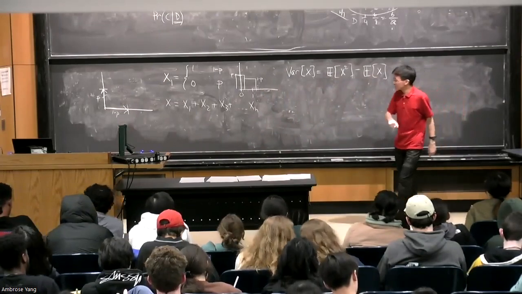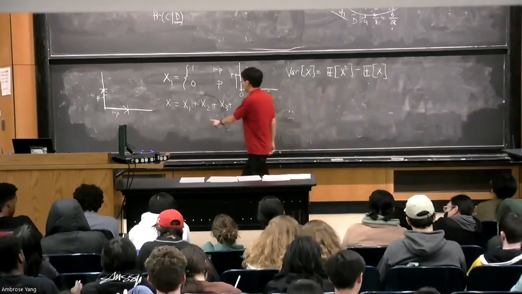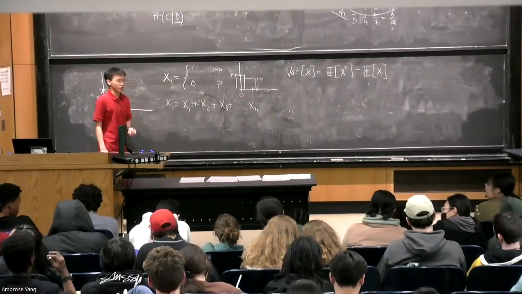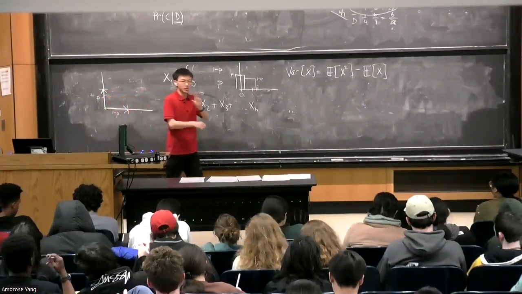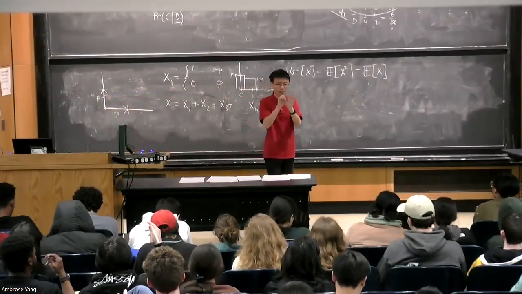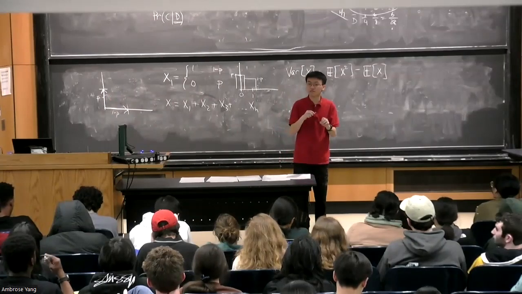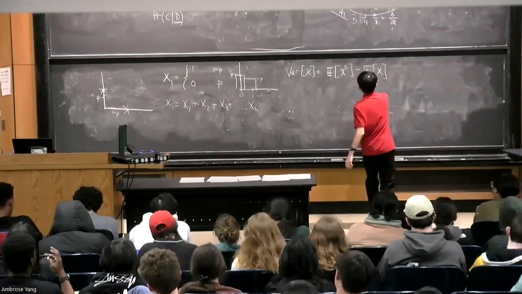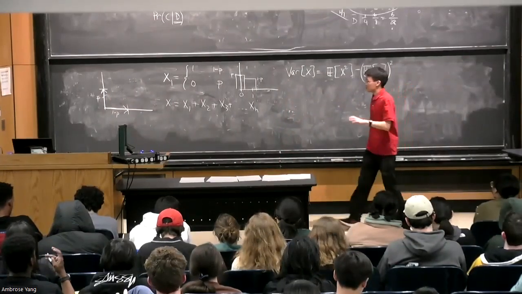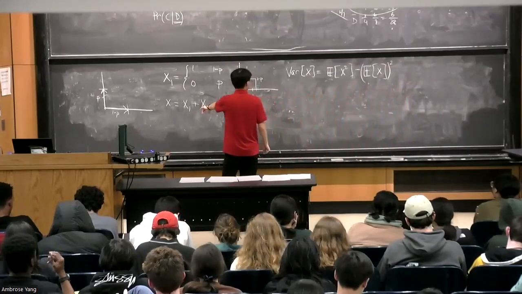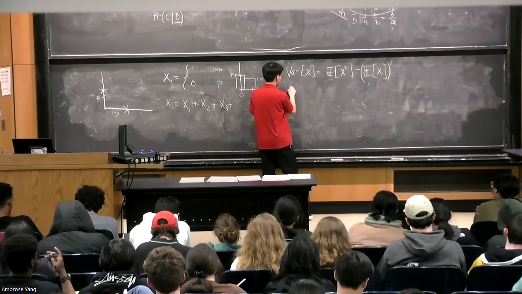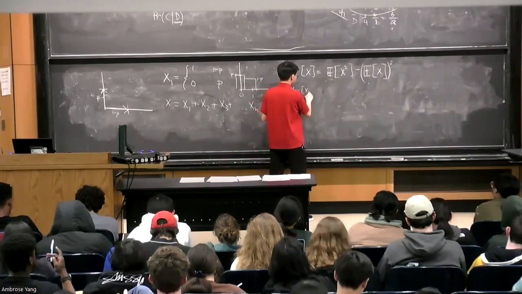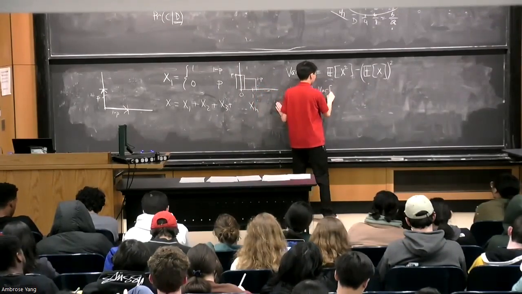But in the case of this problem, remember these random variables are independent. And intuitively, if they're independent, that means they're not really affecting each other. Yeah, it's squared on the second. Oh, yes, thank you. And so when these are independent, I can also say the variance of x is equal to the variance of x1 plus the variance of x2.